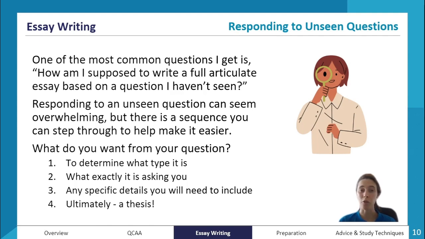You are aiming for direct relevance, because if you're not responding to the prompt, regardless of how good your essay is, you won't be able to do well. Then you're looking at any specific details you'll need to include, so things like your limiting words and your scope words in those prompts that outline the specifics of what you need to be looking at.